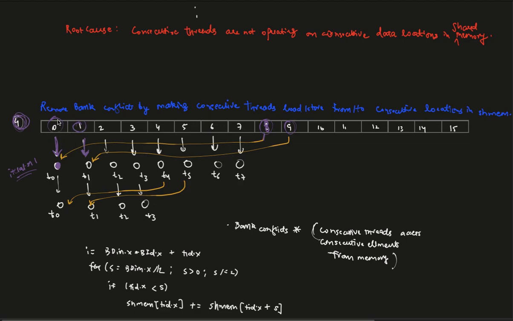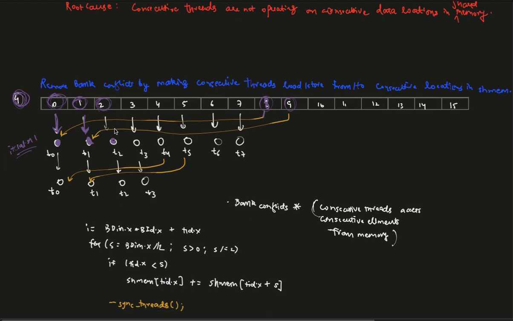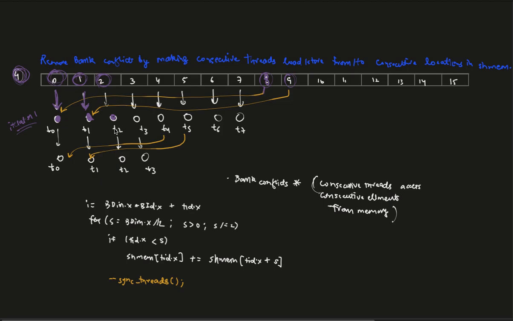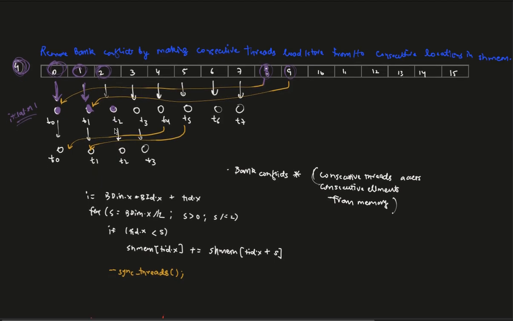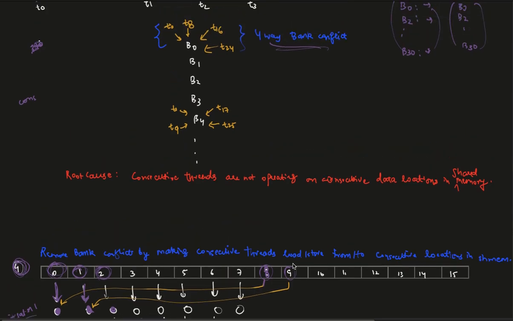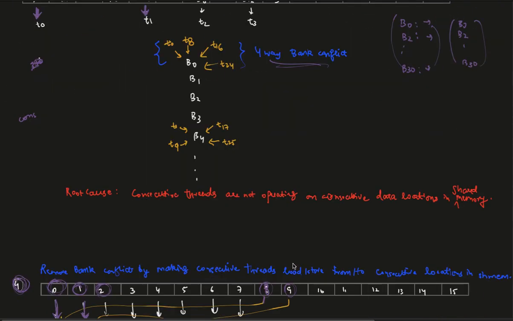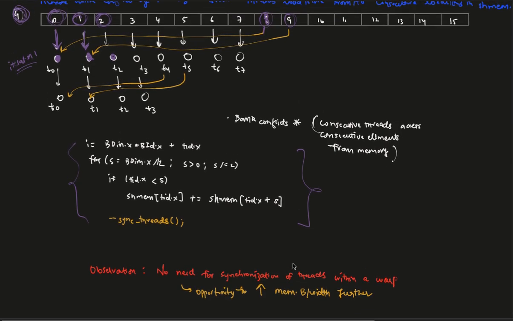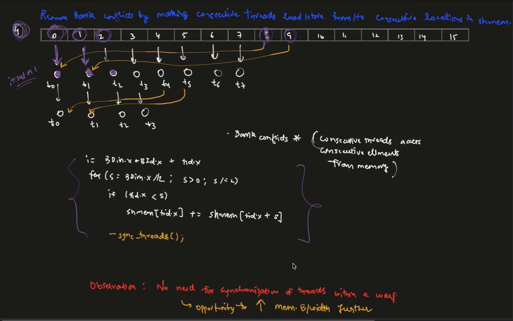So you can see that consecutive threads, thread 0 and thread 1, access consecutive locations in shared memory. This way we are able to reduce the number of bank conflicts to 0. So this is the code for this. And after doing this, we are able to eliminate all bank conflicts.